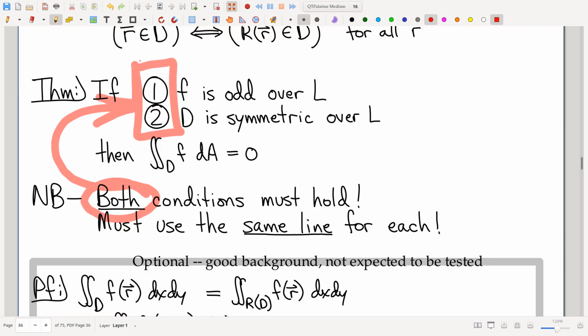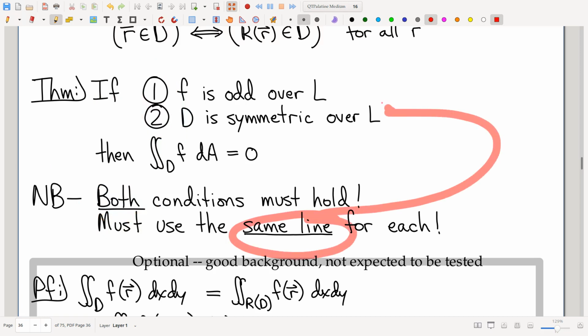I've seen it happen a bunch of times that students will look and find themselves a symmetric domain and get a little too excited about it being a symmetric domain and then just declare the integral to be 0, and they forget to check. That only works if the integrand is odd also. So don't forget, you've got to have both conditions for this argument to make any sense at all. And then furthermore, it's got to be the same line for both of these symmetries. Odd over one line, symmetric over a different line, no good. It's got to be the same line for both.